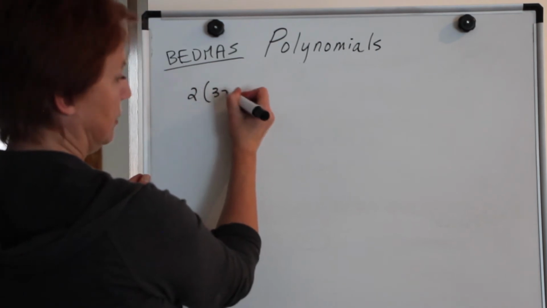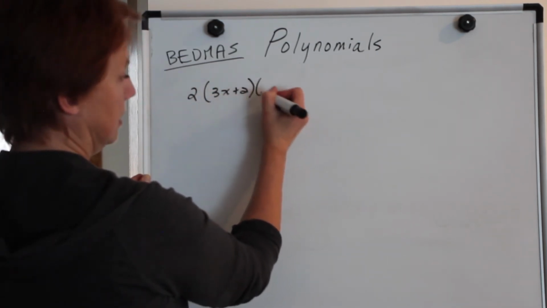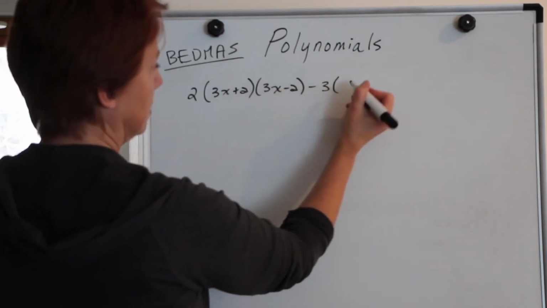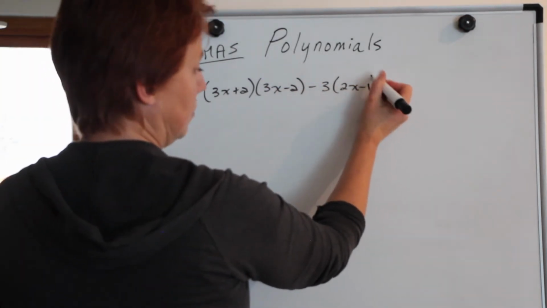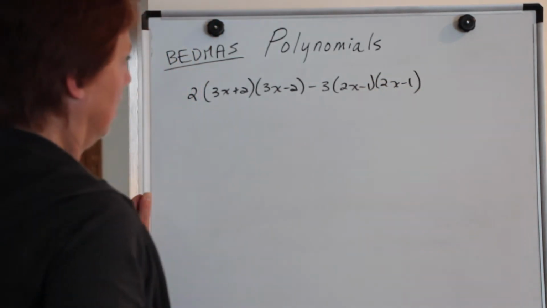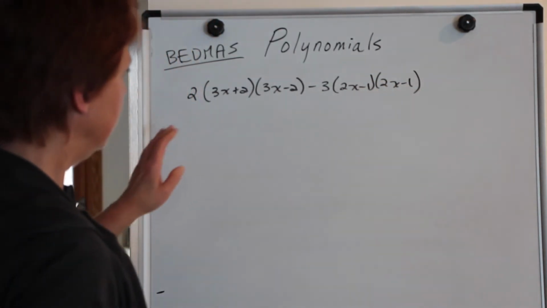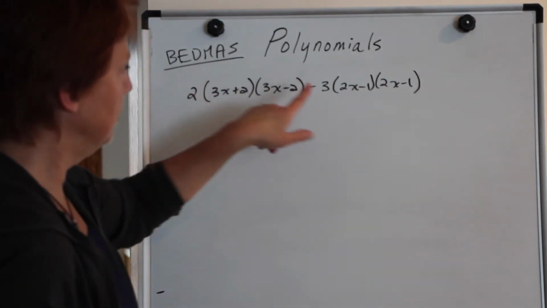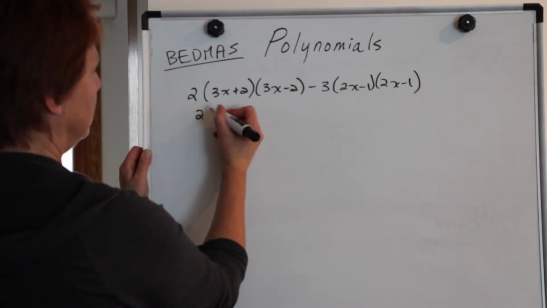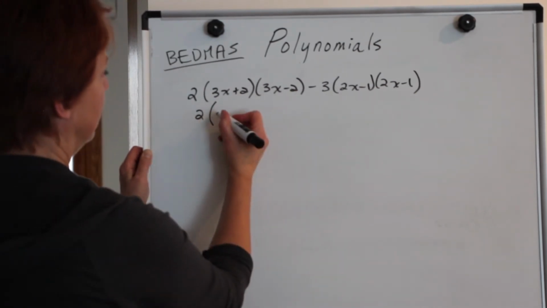2 times 3x plus 2 times 3x minus 2, minus 3 times 2x minus 1 times 2x minus 1. Okay, now I would not bring in the 2, nor would I bring in the negative 3 right now. We're going to leave that 2 there for now.